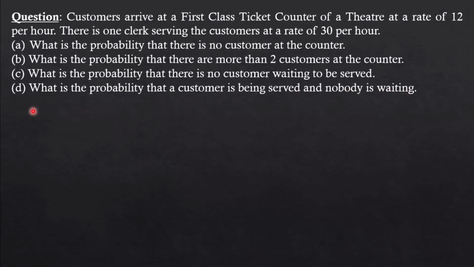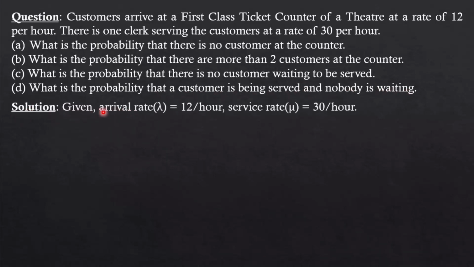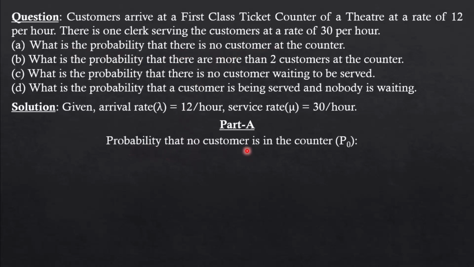So let us quickly solve this. We have been given arrival rate lambda, which is 12 per hour, and a service rate mu, which is 30 per hour. Now let us solve part A. It asks what is the probability that there is no customer at the counter. So we will be calculating P0 here.